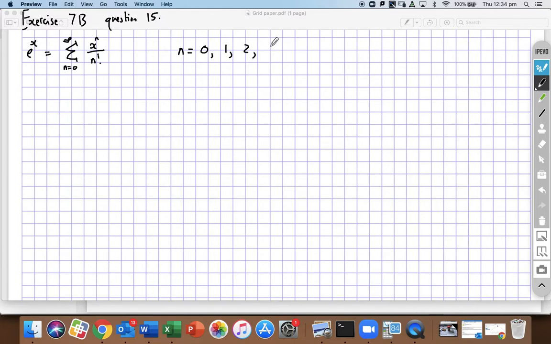It doesn't really make that clear, and they need to go all the way up to infinity. So you could maybe write n belongs to a set of positive whole numbers, including the 0. Maybe we could call them natural numbers, including the 0. So that's the first thing about the sum notation.